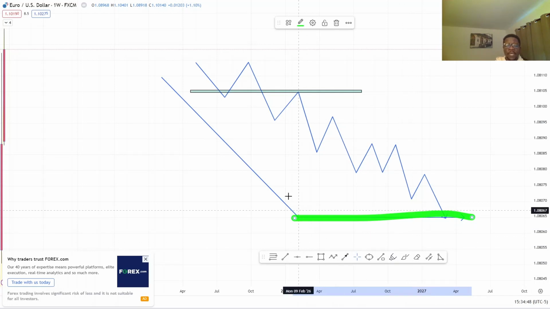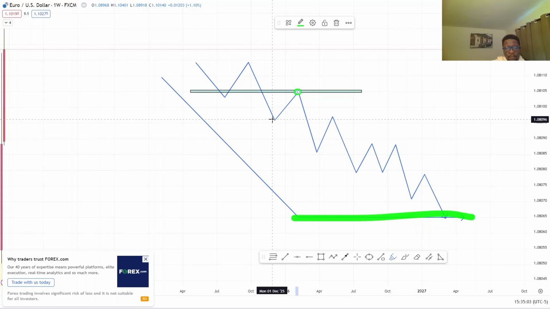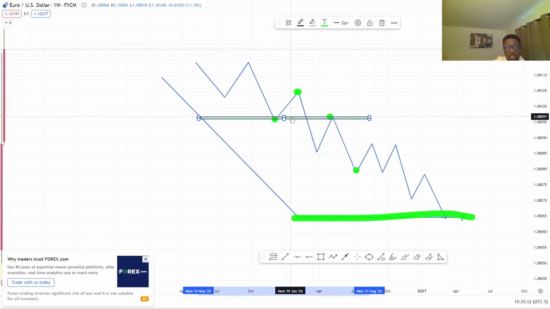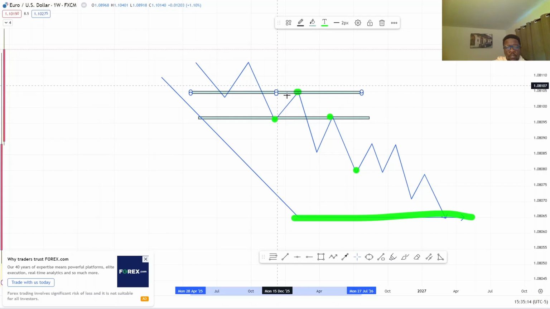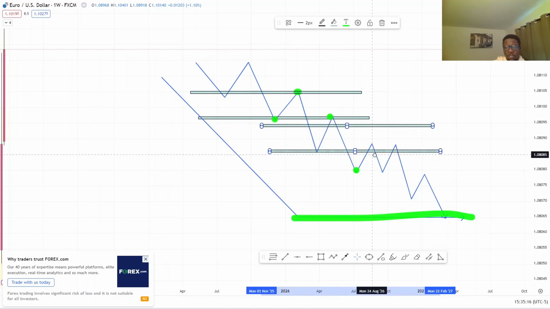Feel me? And what people used to do wrongly is that they will have the entry somewhere around here. You feel me? Entry right here, entry right here. So let's say this is a support and resistance zone.